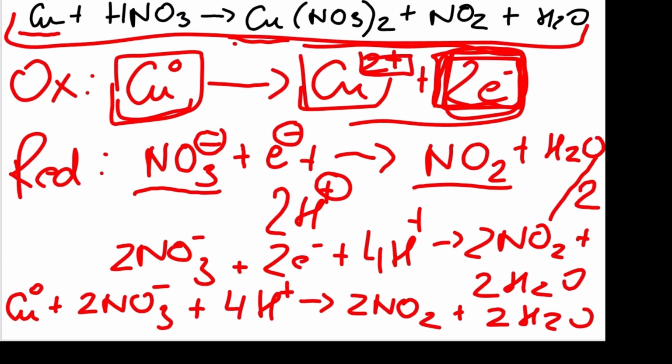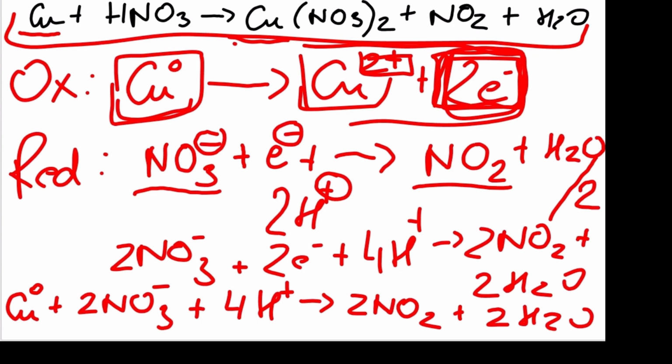Copper atom and copper salt, of course, there is only 1 atom and 1 particle of the salt, yes? We have 2 nitrate anions that take part, yes? We are not sure how many anions are on the left side, but we are sure that all of the nitrogen dioxide takes part in this redox reaction.